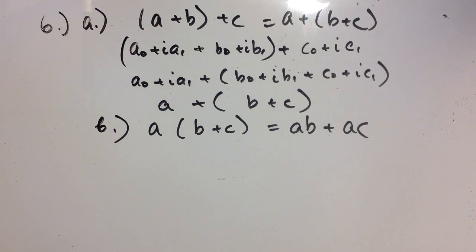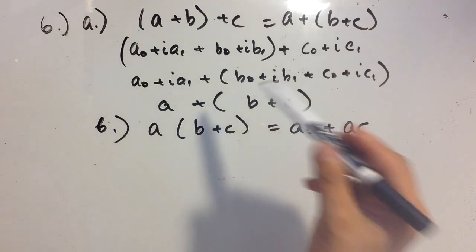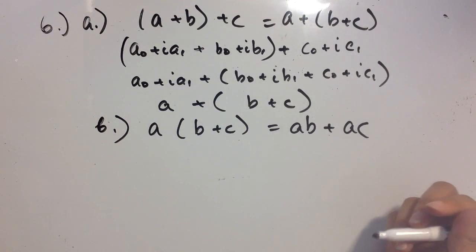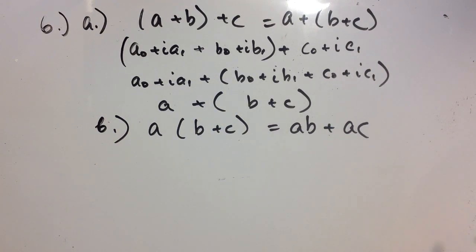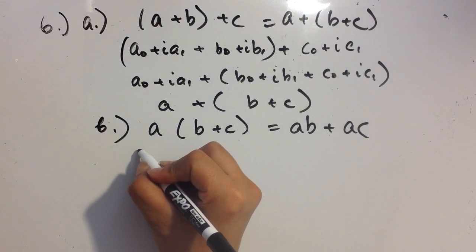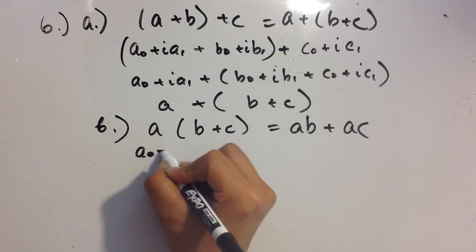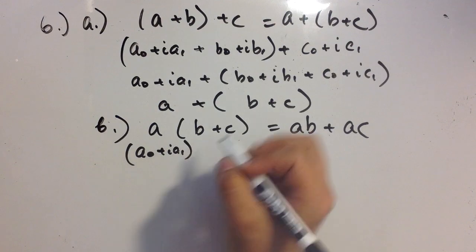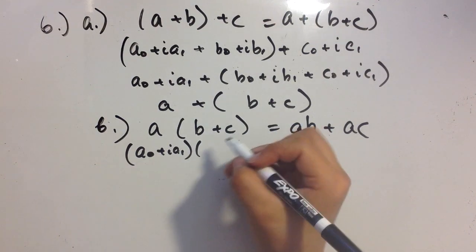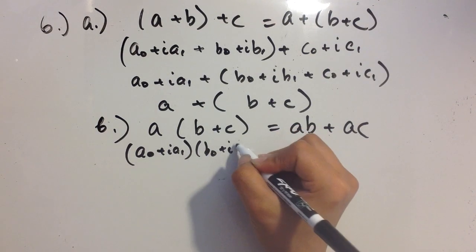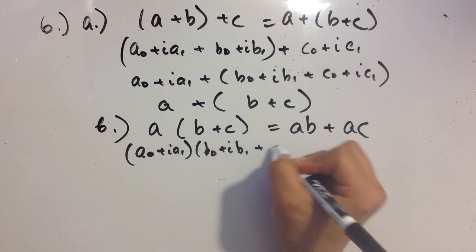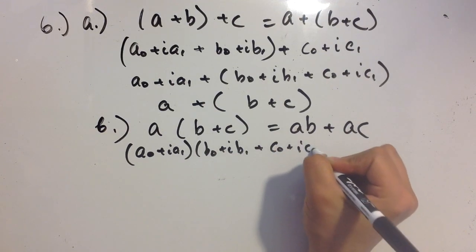Once again, we will write it out in terms of a0 plus i a1 and carry through the addition and multiplications. So we have here (a0 plus i a1) times ((b0 plus i b1) plus (c0 plus i c1)).